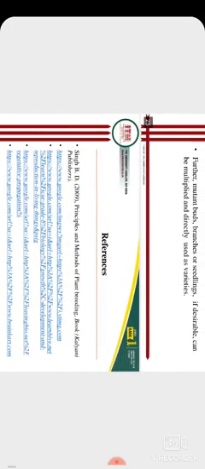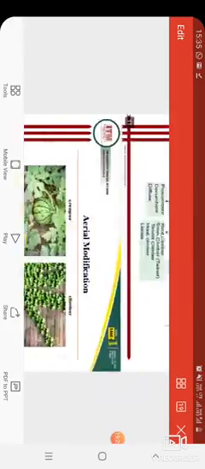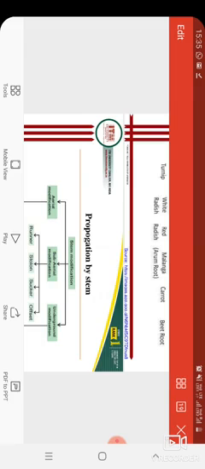Next, it's over, and once I will repeat it. That is, first we have to know about the reproduction, then modes of reproduction. After modes of reproduction, what are the types of reproduction?